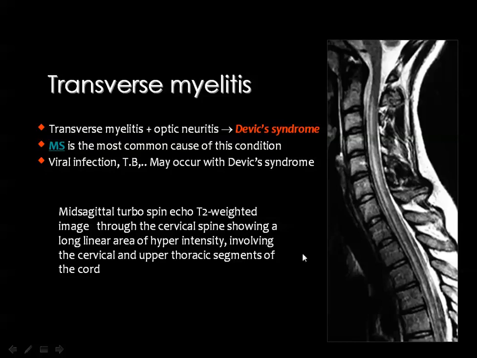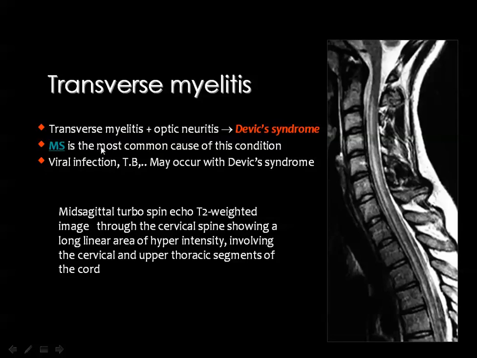Then this lesion can be explained on the basis of the clinical situation of the patient, and sometimes it can be a manifestation of MS in the spinal cord or multiple sclerosis, and maybe a manifestation of ADEM or acute disseminated encephalomyelitis, depending on the patient clinical condition.